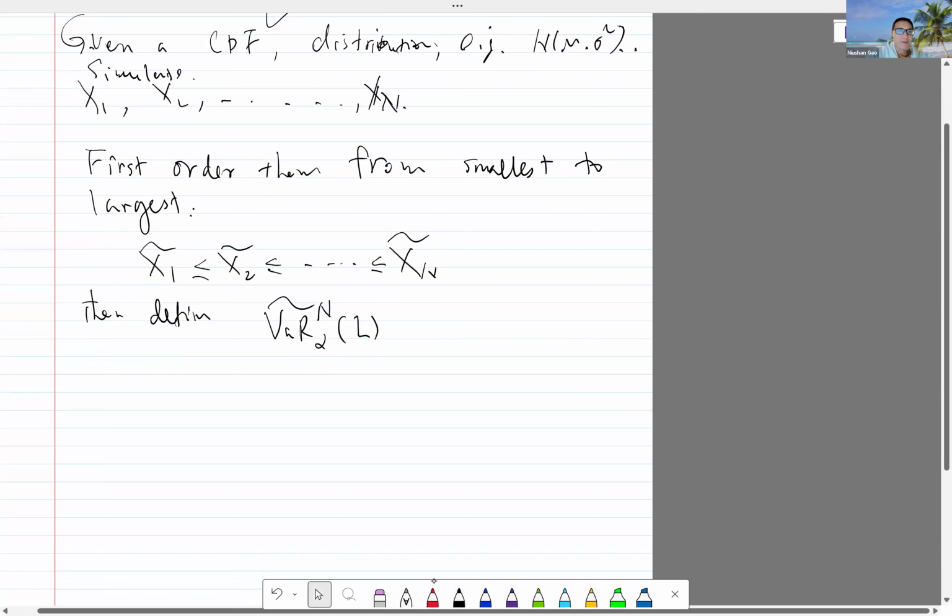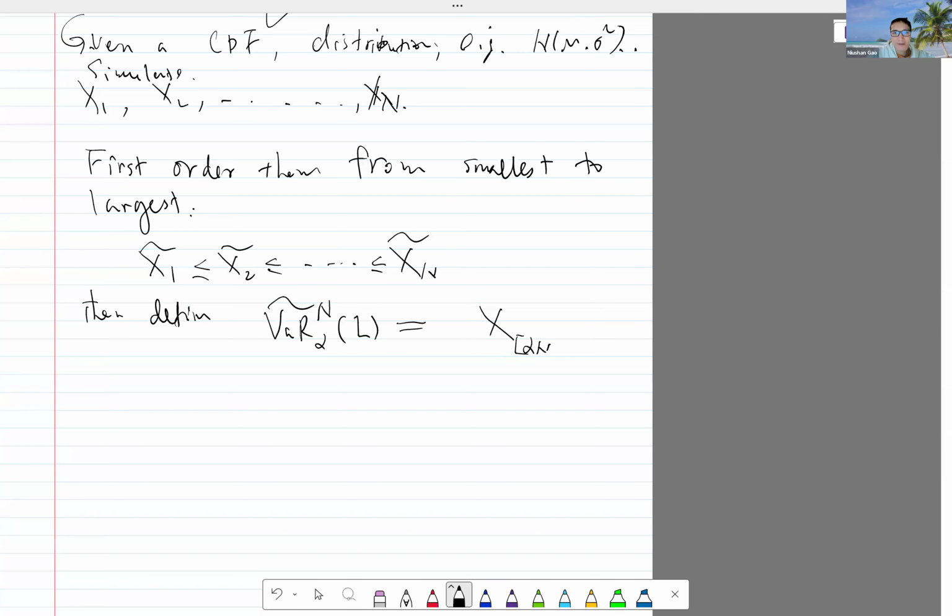We define this one as alpha times n, taking the integer part. Basically, if alpha is 0.99, then alpha n is pretty much the 99th percentile. You order your data, then take a cutoff at the 99 percentile region.